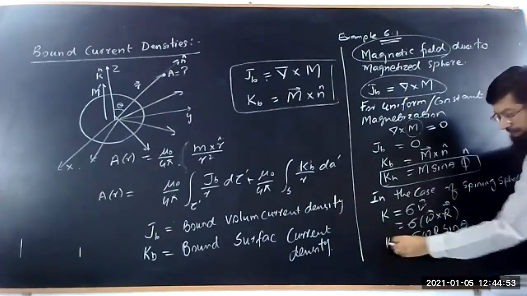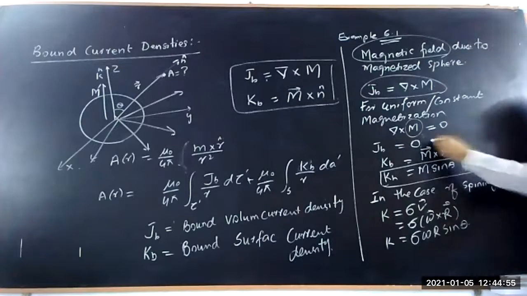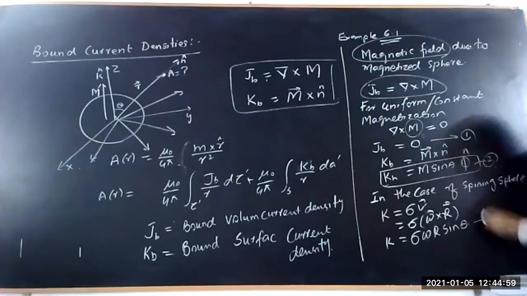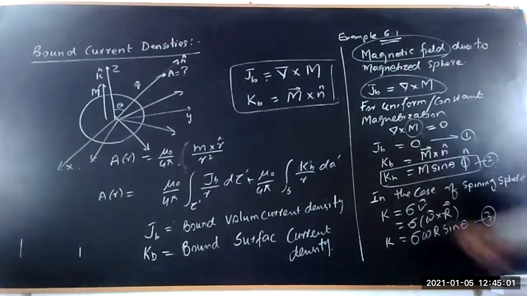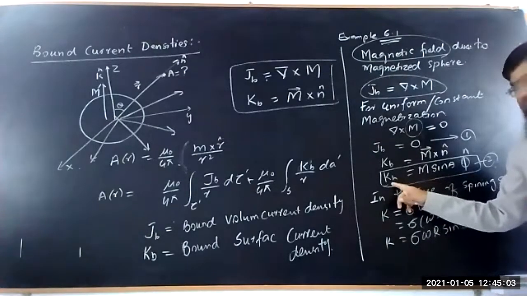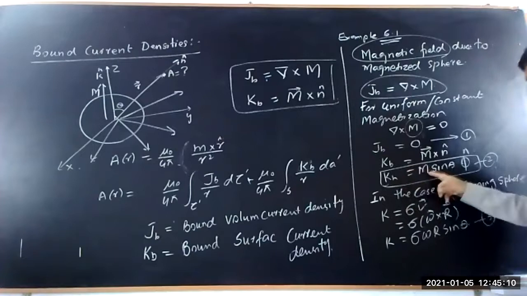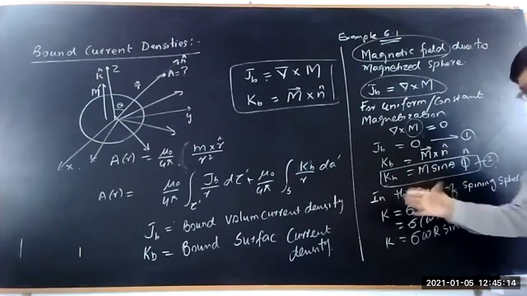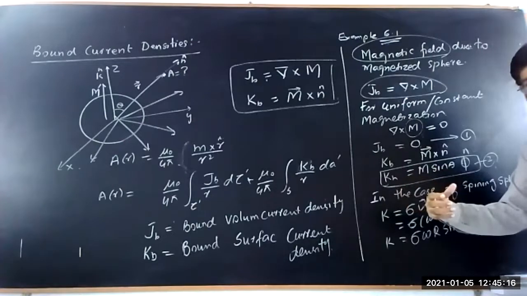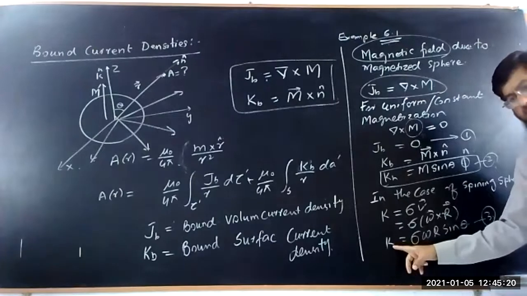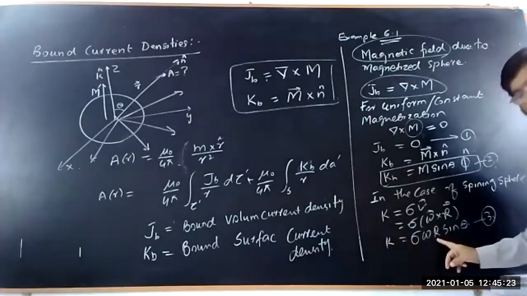So this is equation number 1, this is equation number 2, this is equation number 3. This K B is the bound current density due to the surface current, and it is equal to M sine of angle phi. But in the same way, if the sphere is spinning, then the surface current density is equal to this.